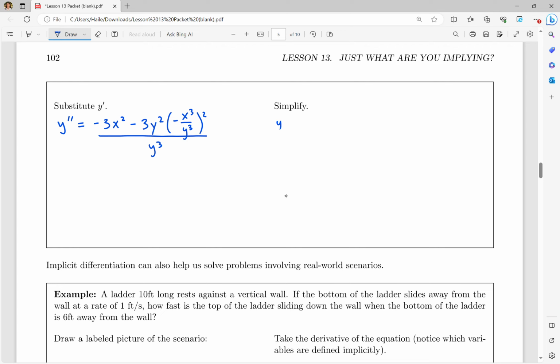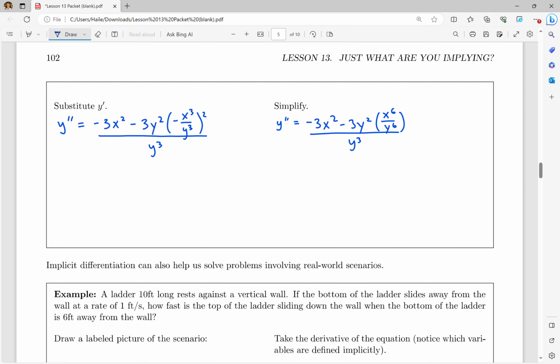So to simplify, let's go ahead and square that x cubed over y cubed. So we have negative 3x squared minus 3y squared times x to the 6th over y to the 6th all over y cubed.